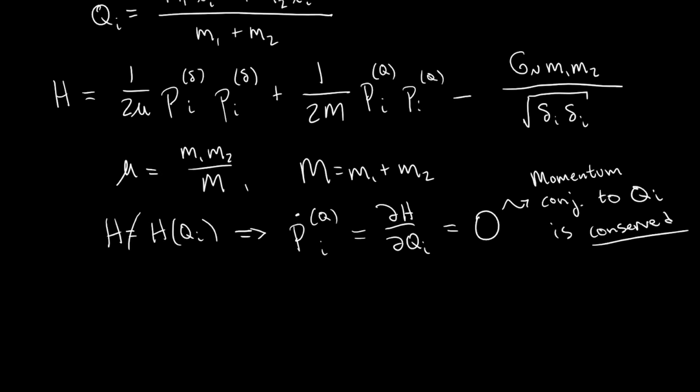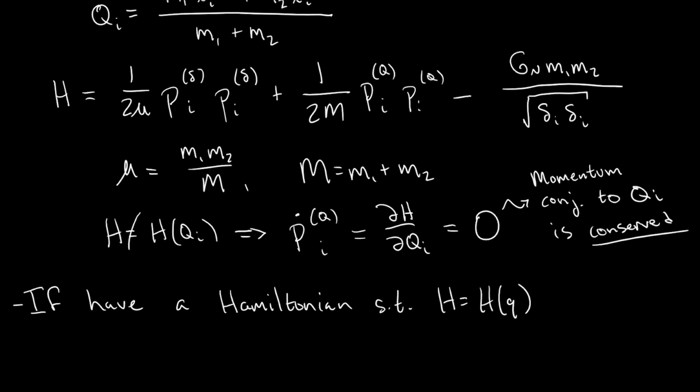Always, period, end of story. Done. And in fact, we can see that this is completely generalizable. Ignoring gravity, ignoring any particular system, if we have a Hamiltonian such that it doesn't depend on one of our coordinates, just call it Q, then that means that P conjugate to Q is necessarily conserved.